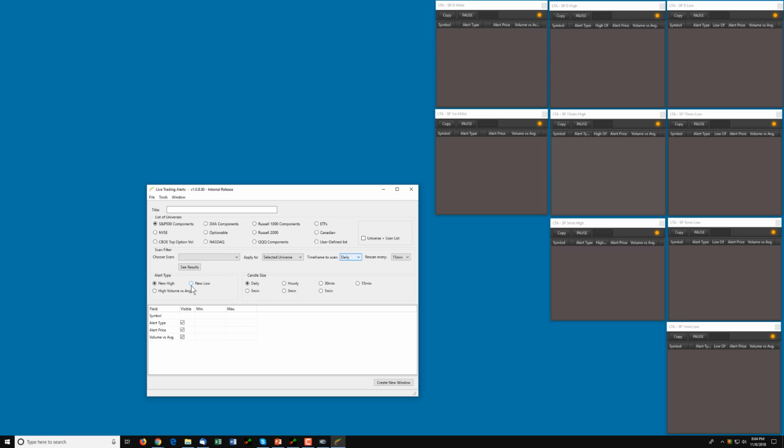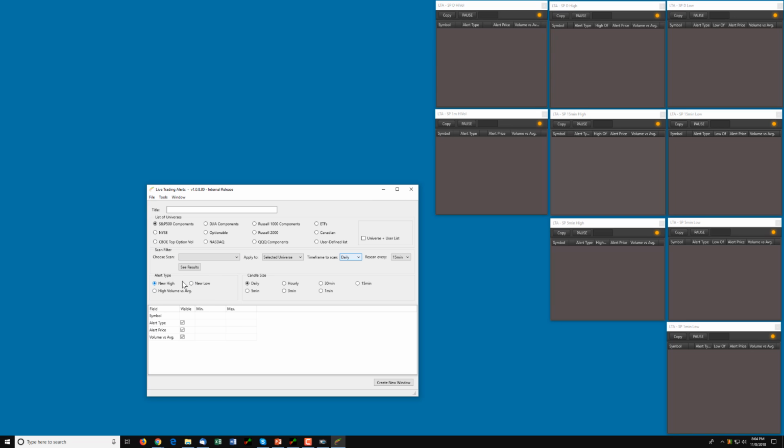Or maybe a new low, or just showing abnormal volume versus average, because one of the options is to scan based on what Rick calls normalized volume, but basically the volume so far today versus that same time frame over the last 10 days. So if it's 10 a.m., the volume as of 10 a.m. today versus the volume as of 10 a.m. on the last 10 days.